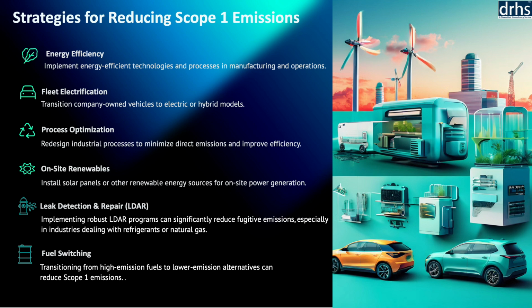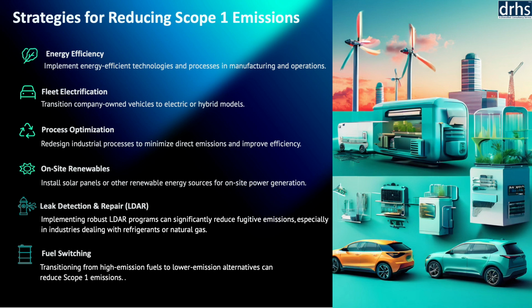The next is related to fuel switching. Fuel switching involves transition from high carbon fuels like coal and oil to lower carbon alternatives such as natural gas, hydrogen, or biofuel or ethanol. This strategy is especially effective in industries with high energy demand such as manufacturing, power generation, and transportation.